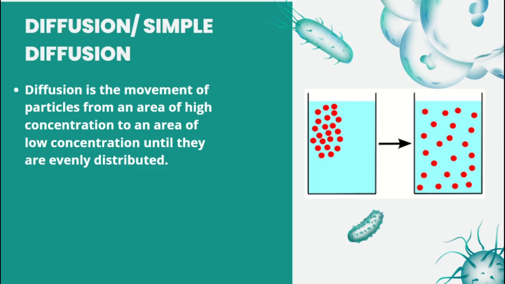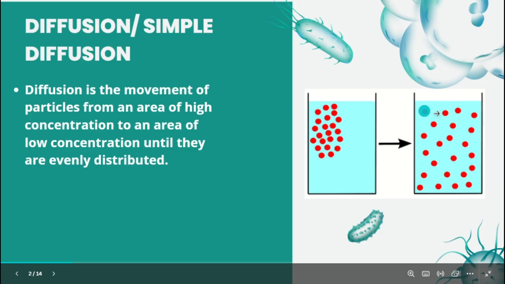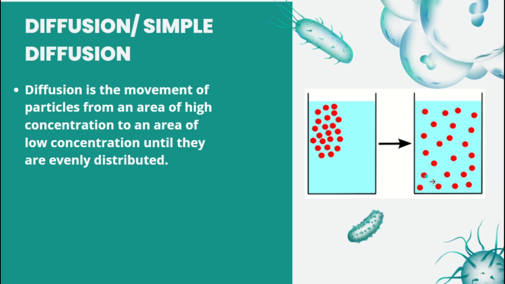And when they open that KFC, you best believe, if you stand up at the door of the classroom and they're at the back of the classroom, that KFC smell is going to move from that area of high concentration at the back of the classroom to you that is right at the door, because that's how diffusion works. It's always to get the particles evenly distributed. So it's always going to move from an area of high concentration to an area of low concentration so that it can be evenly distributed, because that's always the goal of diffusion.